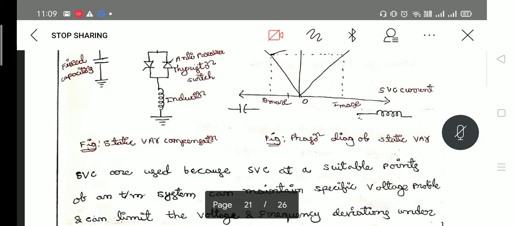The reactor here is controlled by the anti-parallel thyristor switch. The firing angle of the thyristor governs the voltage across the inductor. In this we can reduce the reactor current and power. Then we can control the reactive power and current by using this anti-parallel thyristor switch. Then we can control the voltage.